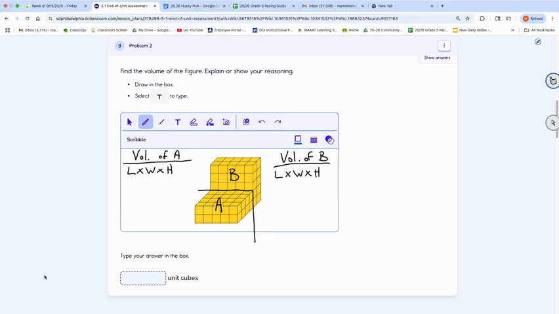Now I have to find dimensions for prism A by counting the cubes along the length, the width, and the height.